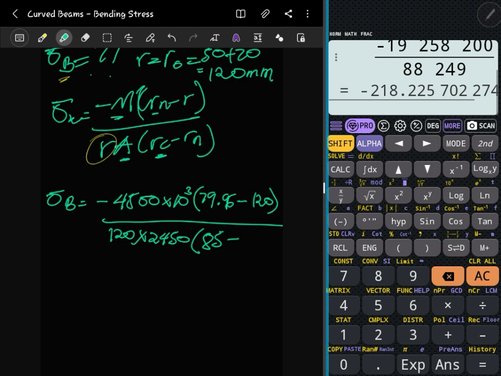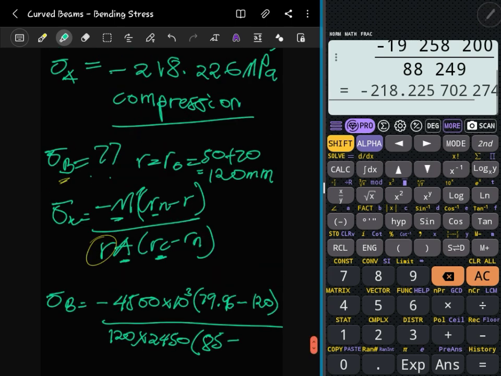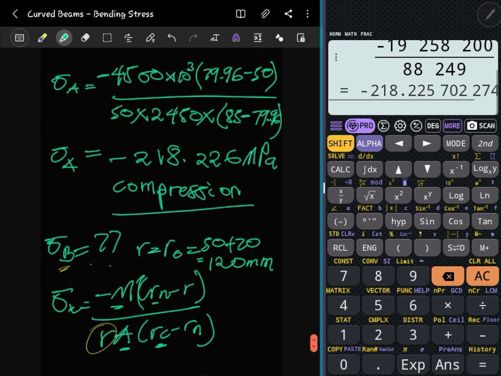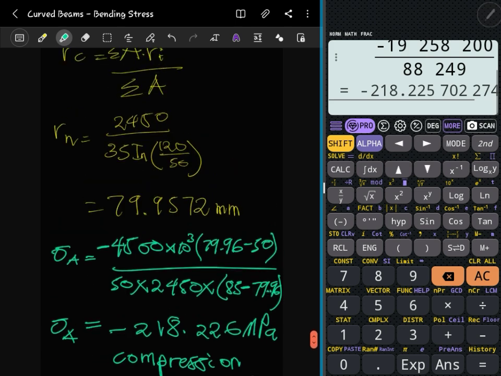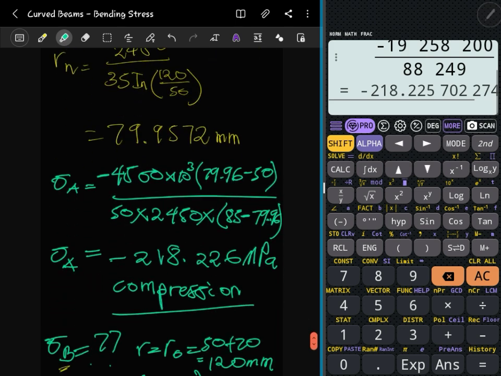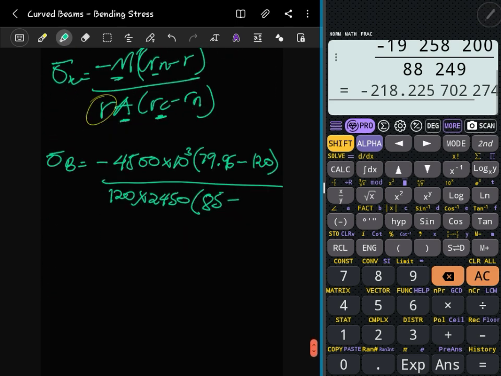And then we have our Rn again, not changing, because it's based purely on the loading system and the coordinate system, which is 79.96. You can do the approximation when writing it, but it's safe to use the actual values when calculating.